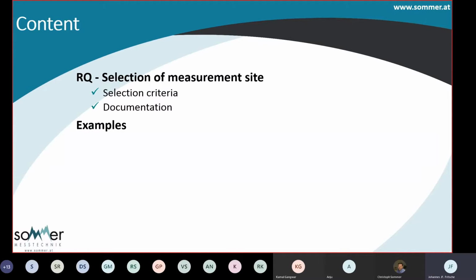So again, here's the content I want to talk about. Selection criteria. There is a list of things you have to consider about documentation, and I give you a pretty good list of examples where you could install, or what do you have to consider when installing an RQ system.